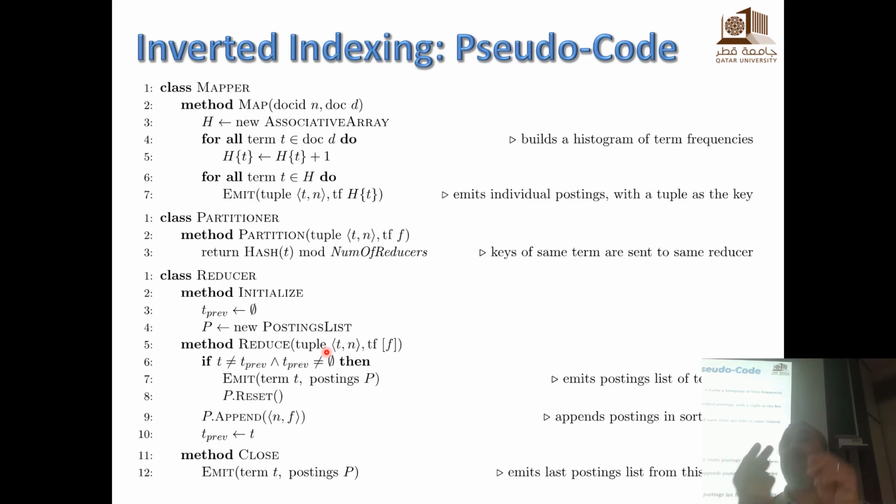Because the term appeared in that document, and it has just one term frequency. So every key here is a list, but of one value. Actually, there is no grouping happening in shuffling in that case at all.